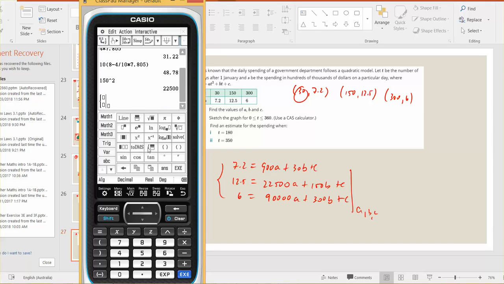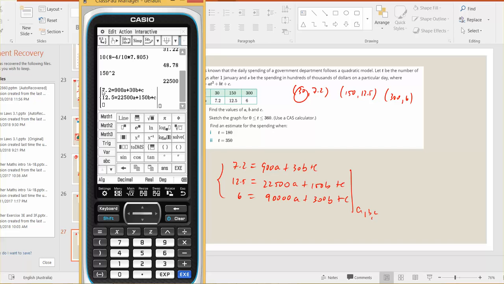Make sure you're in standard mode so you get an exact answer. I'll copy the values so that I know what they are.